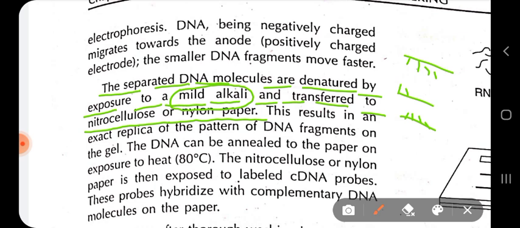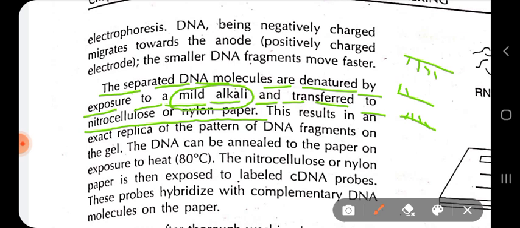Okay, and then they are transferred to the nitrocellulose or nylon paper. Now from the gel, those single stranded DNA fragments that have been separated on the basis of their molecular weight are transferred to the nitrocellulose or nylon paper.